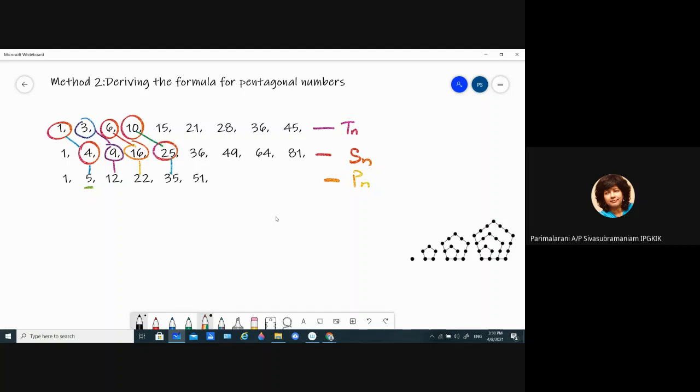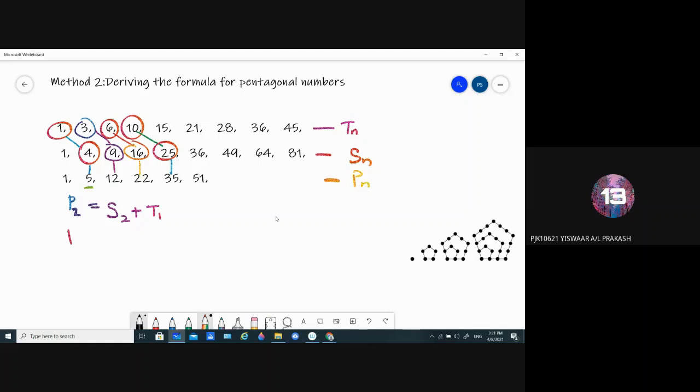So P2, the second term for pentagonal numbers, is equal to S2 plus T1. Correct.